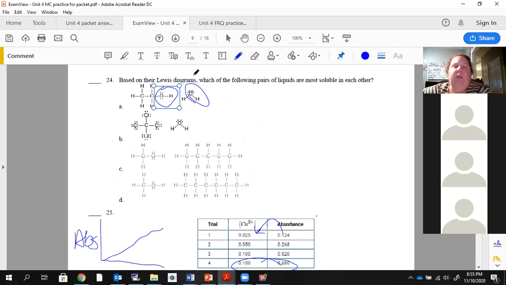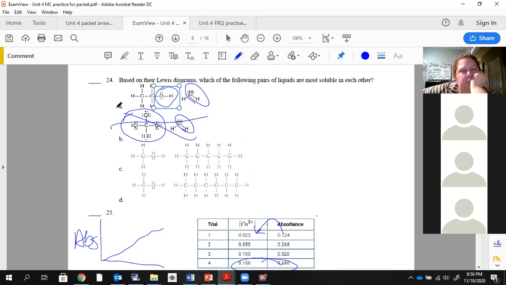Similar intermolecular forces are going to make things more soluble. And B, we've got water, which has hydrogen bonding, but carbon tetrachloride is totally non-polar and doesn't have any hydrogen bonding in it. So this would be bad. It would not dissolve.